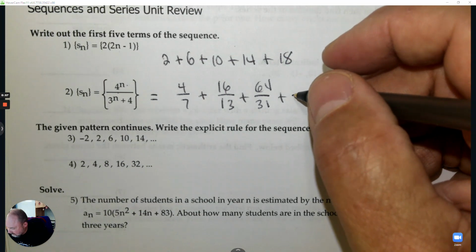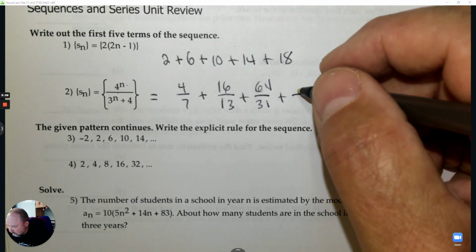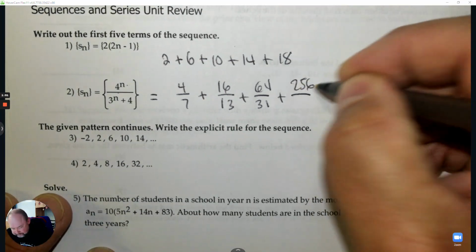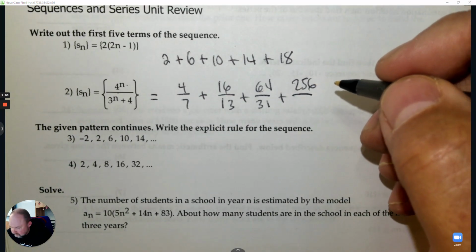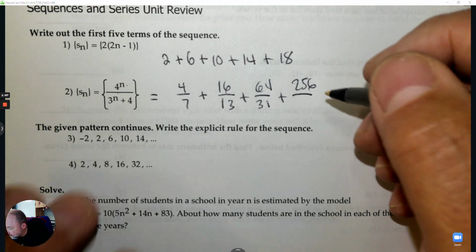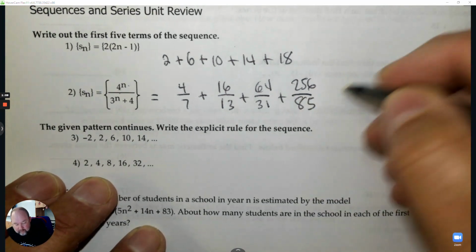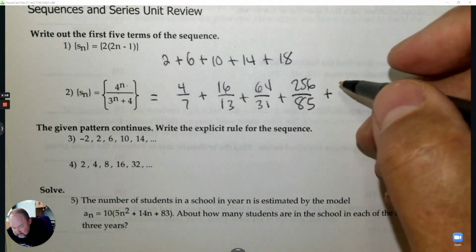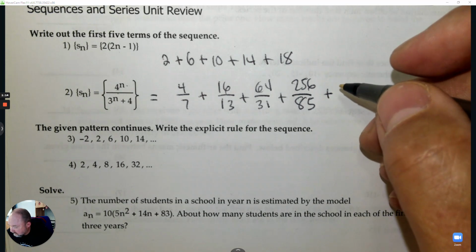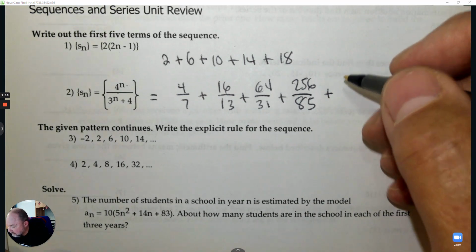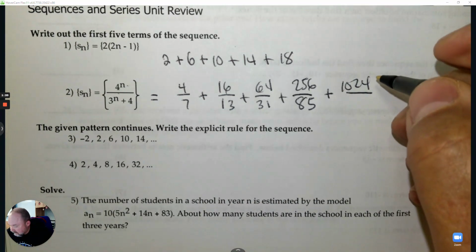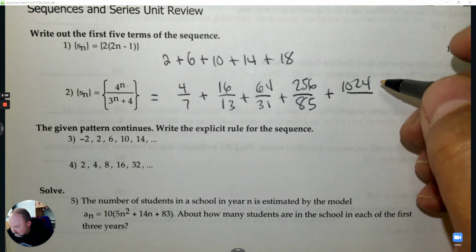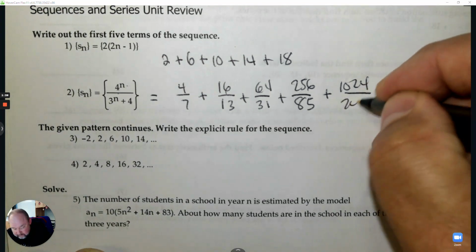Is it 256? 3 to the 4 plus 4. One more time. 5. 4 to the 5 is 1024. 3 to the 5 plus 4, 247.